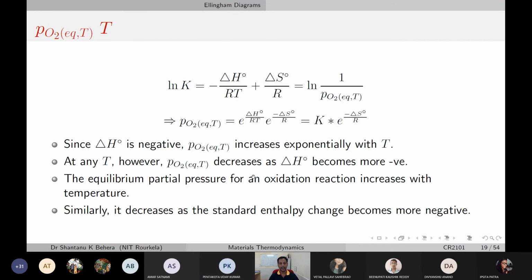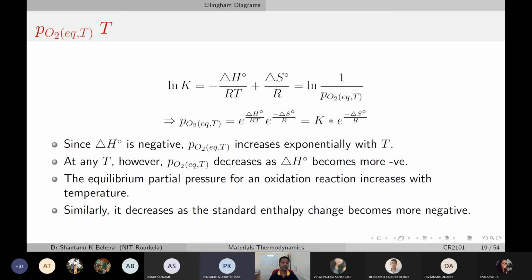And again, at any temperature T, talk about a constant fixed temperature now, and compare the oxidation of two different metals, for example, cobalt and manganese.